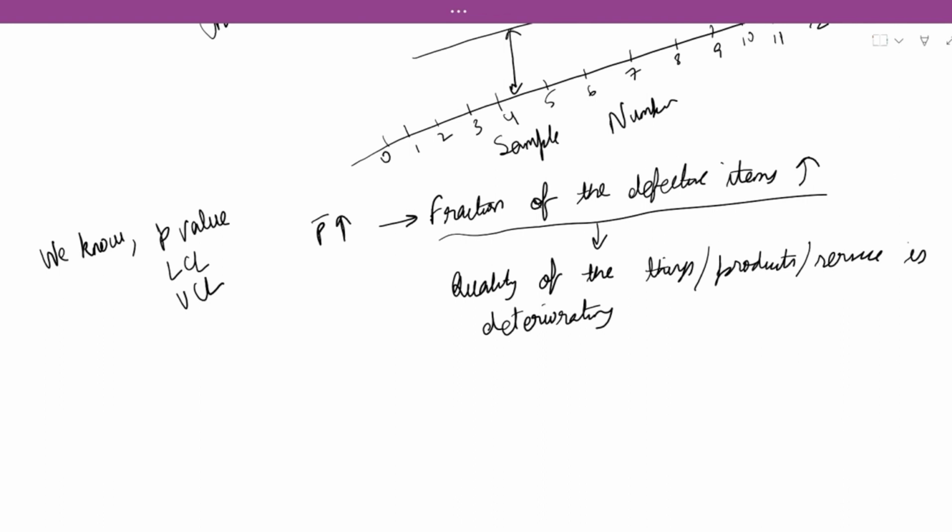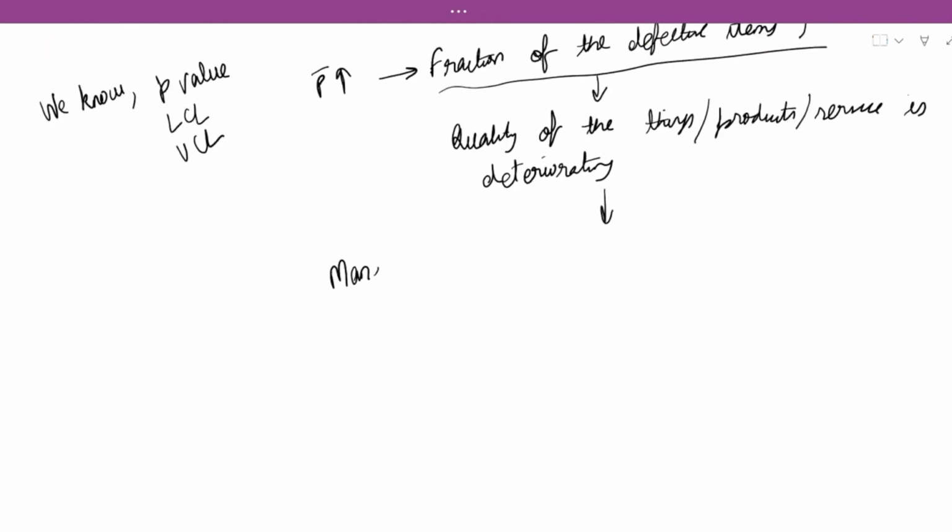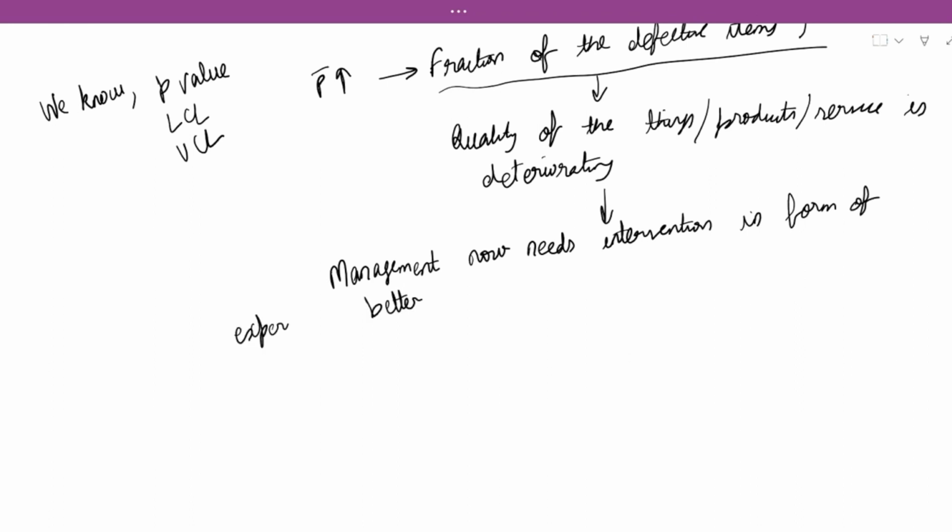So this means that now this needs the management. When the quality of the things or products or services is deteriorating, the management now needs intervention in the form of better expertise or better machinery or better procedures.